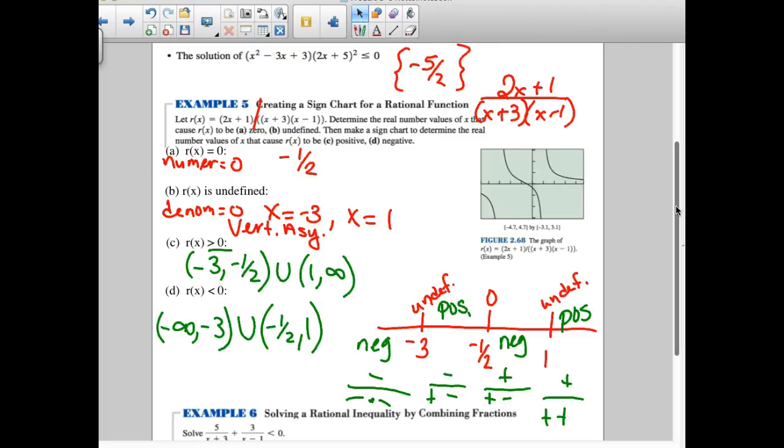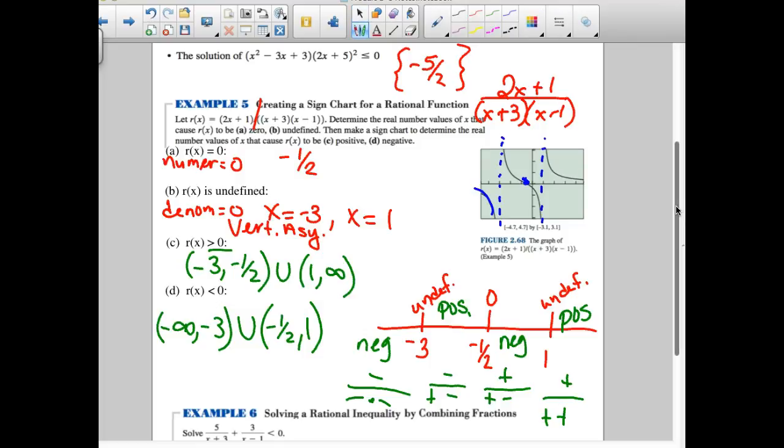Check our picture. Isn't that lovely? It's so lovely. Think about where our vertical asymptotes were. We had one at -3 and one at +1. So that fits. We said we had a 0 at -1/2. And we said past -3 on the left, we are negative, which fits our branch here. Okay.